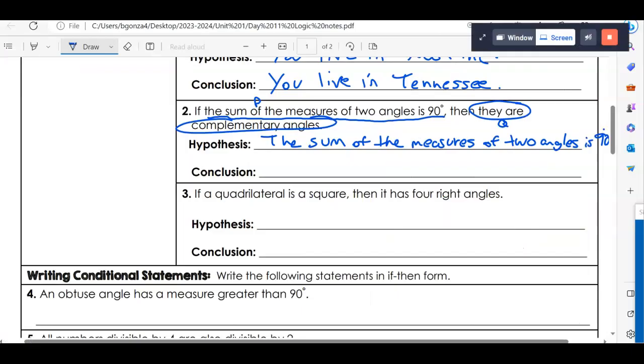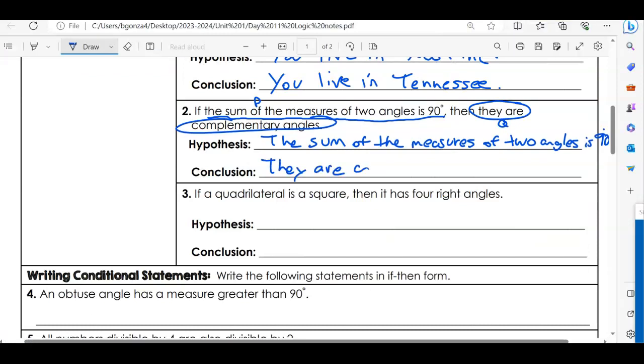And then the conclusion: they are complementary angles. After then is "they are complementary angles." You look like you didn't understand. Yeah? Okay.